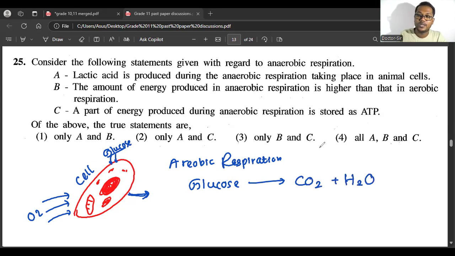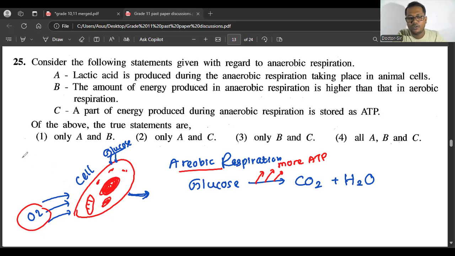Aerobic respiration will provide more ATP. ATP means adenosine triphosphate. They will give more ATP. That is due to the presence of oxygen. Sometimes these cells don't get much oxygen.